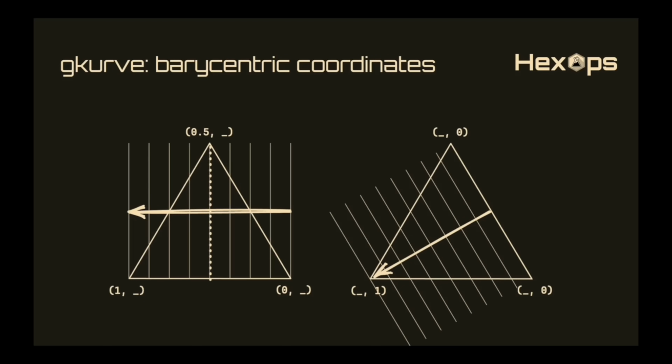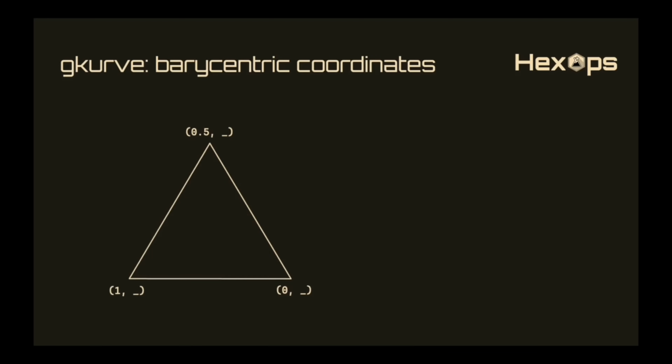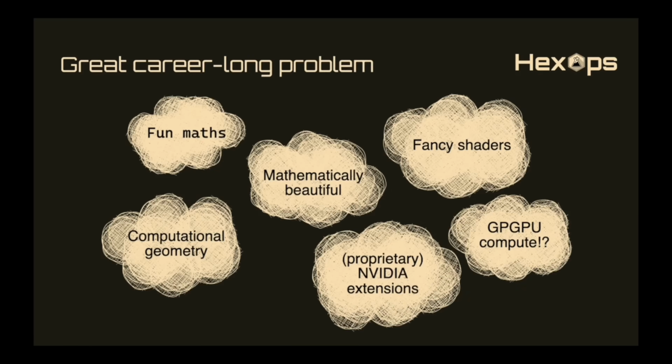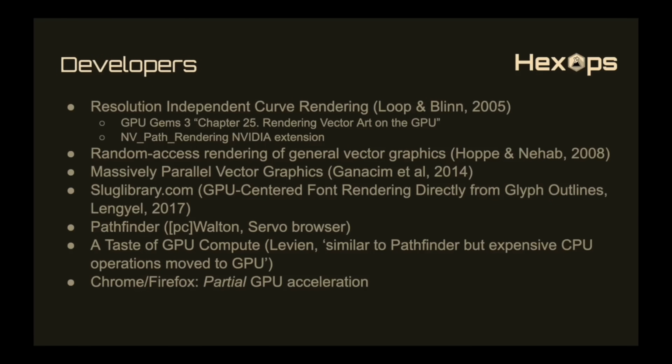As far as people doing this on GPUs, the slide I had earlier about this one here, yeah, there's been an immense amount of research into this problem. It's a really interesting domain, and it's quite tricky depending on how you approach it.